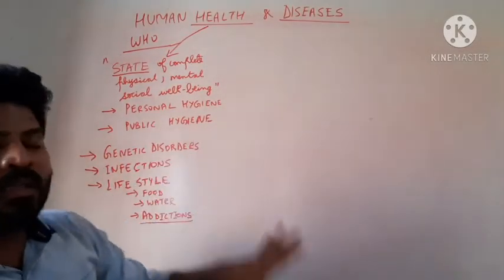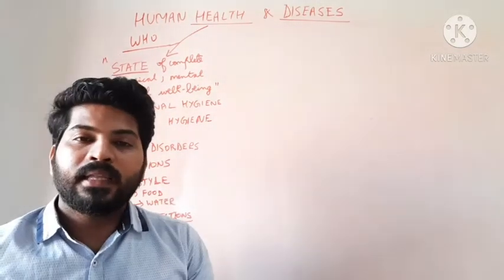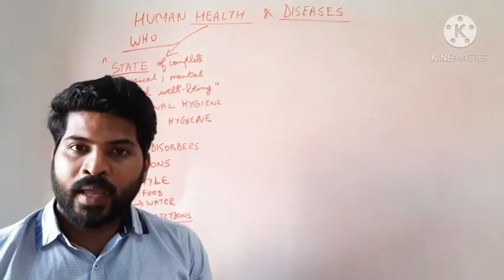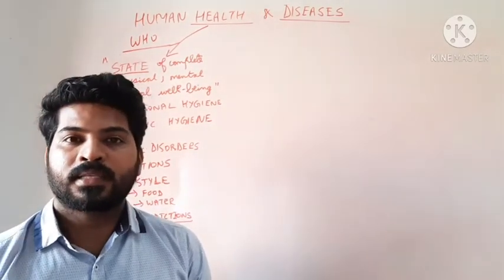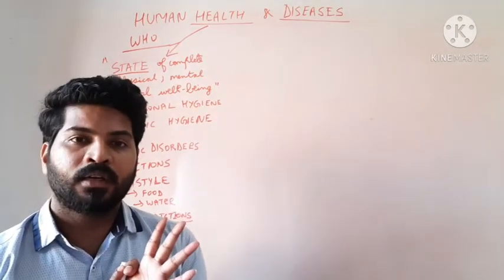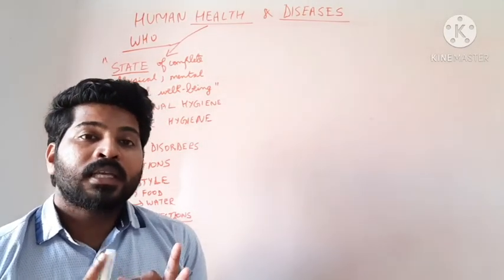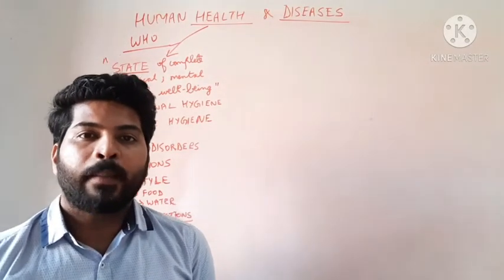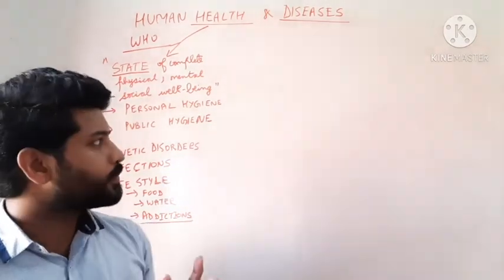Also public hygiene. So public hygiene involves maintaining clean surroundings. So the place where one stays, the surrounding should be clean. That is, proper disposal of waste and excreta should be done, and as far as possible avoid stagnation of water near the houses, because those are breeding grounds for various disease causing organisms.